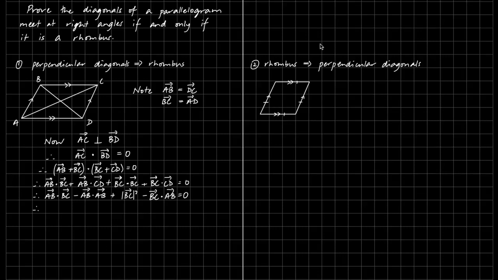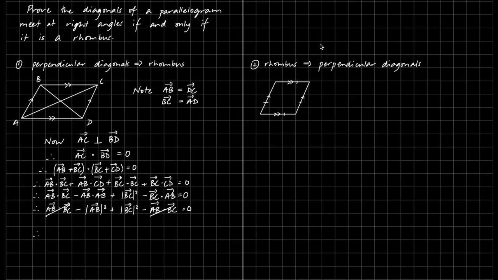Alright, so AB dot BC, and we've got minus the magnitude of vector AB squared plus the magnitude of vector BC squared, and then minus, and we know the dot product is commutative, so I can switch this around to make it AB dot BC. So we've got AB dot BC minus AB dot BC, so they will cancel out.